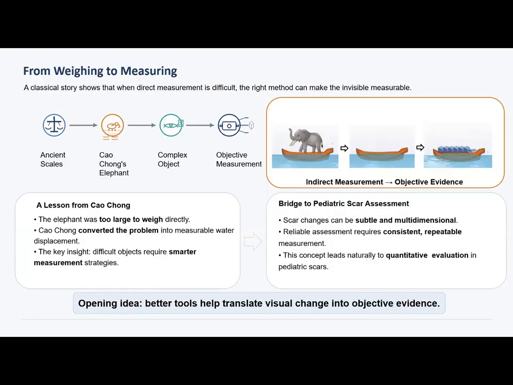And later, just like there is a joke, I don't know if you know, in ancient time, how to measure the weight of the elephant. We have the story. There is a very smart boy.